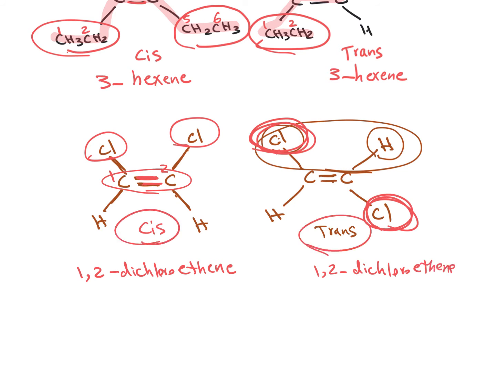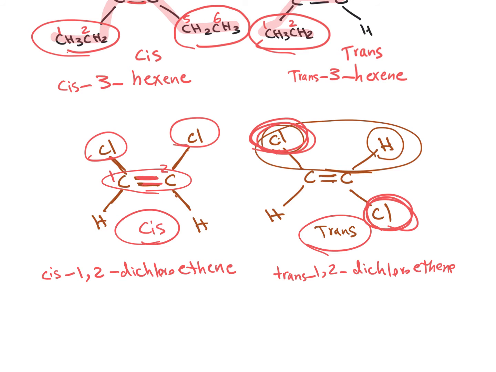This is the trans. We can also write cis and trans before the name of the compound. So this is cis-1,2-dichloroethene, this is trans-1,2-dichloroethene, and the same for cis-3-hexene or trans-3-hexene. For another structure, we can substitute chlorine with bromine, right?